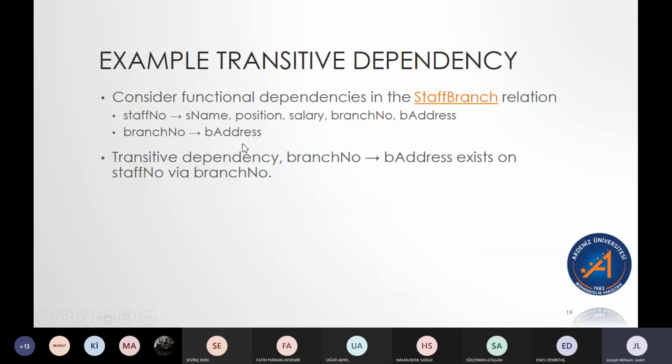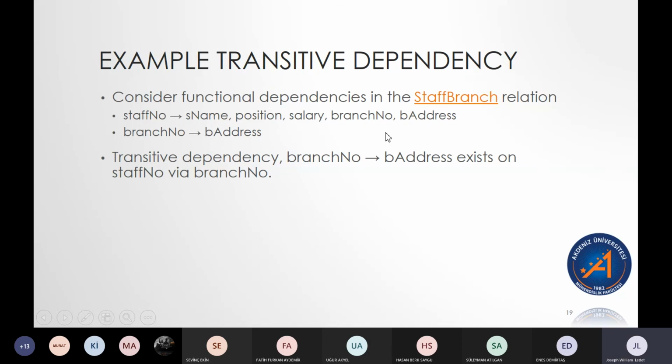But we also know that branch number determines branch address. So here's your A, this is B, and this is C. So staff number determines branch number determines branch address.